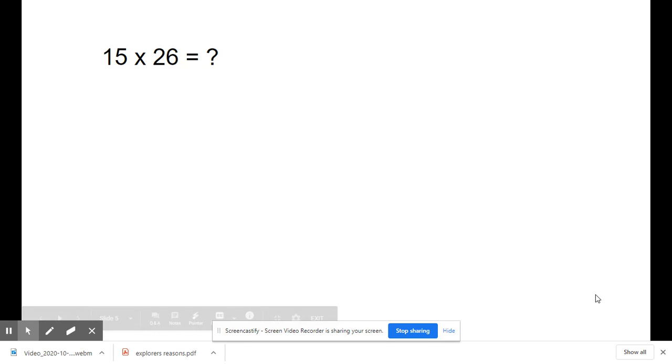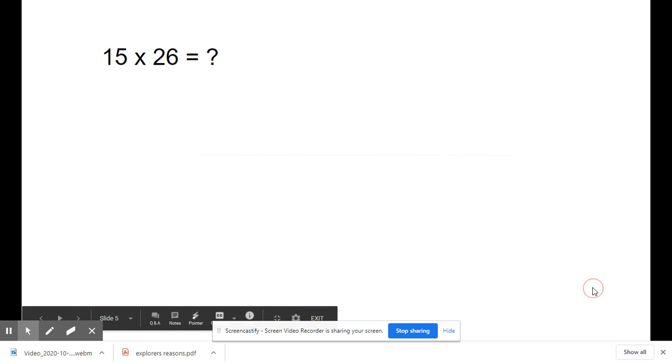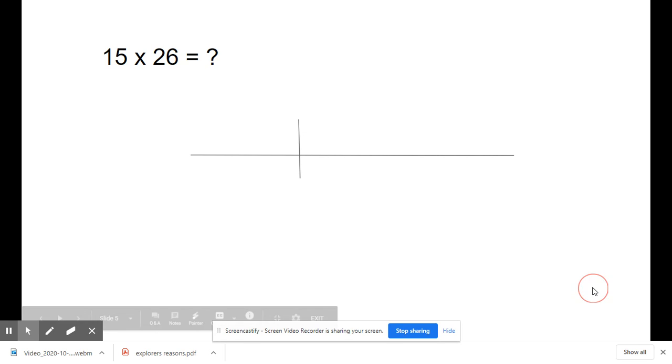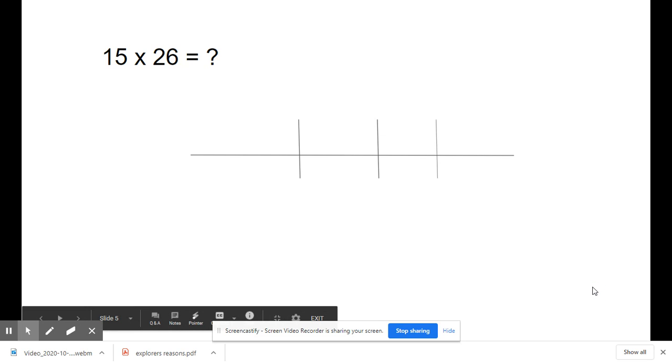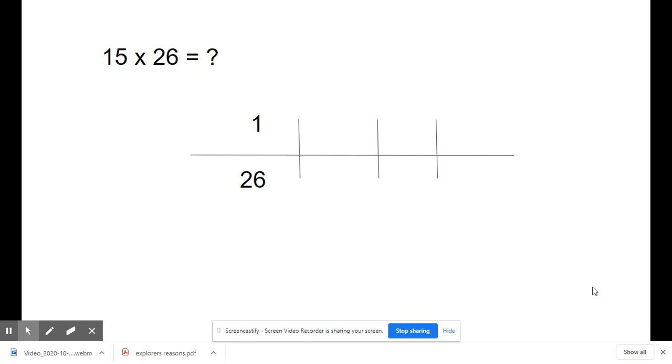Our next problem is 15 times 26. Let's do another ratio table. Let's start again with 1 times 26 is 26.